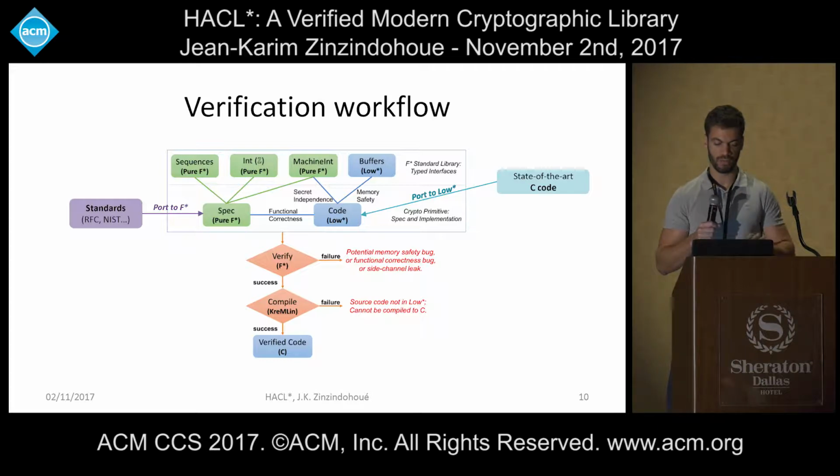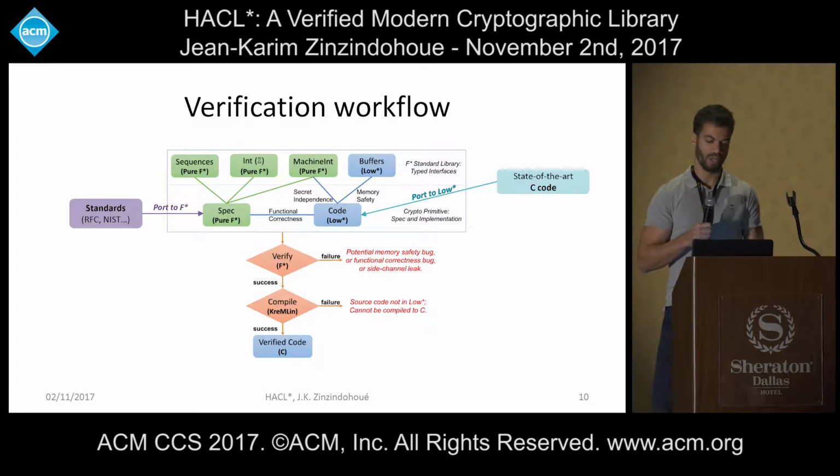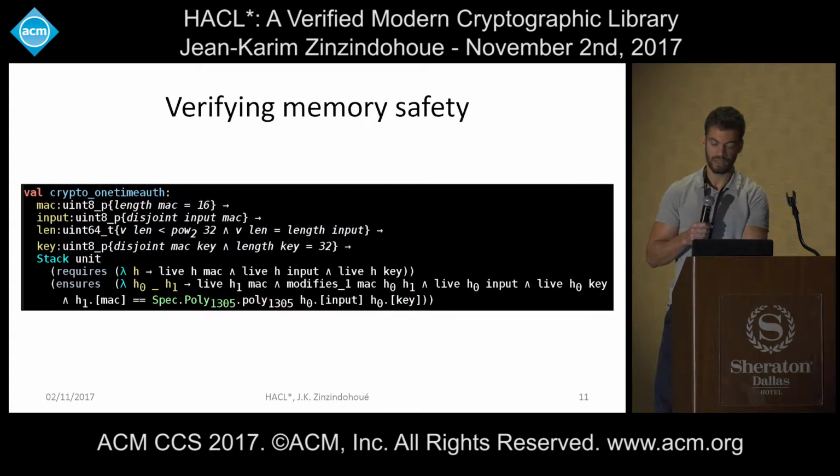So once we have all of that, you go through a first pass of F-star verification. If it says yes, then you go to the Kremlin compilation pass, and if everything goes through, you have your verified C code. If it does not, then you just go back to your code and keep tweaking the LowStore code to make it fit within the constraints.